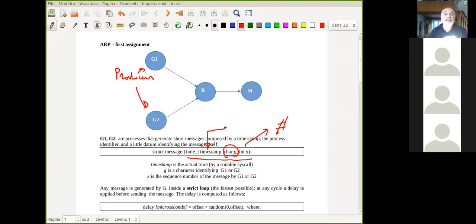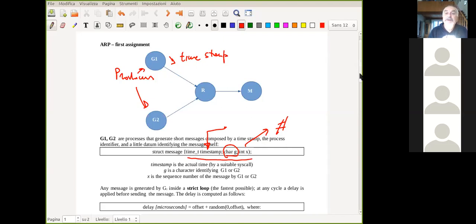The timestamp is exactly the real time in which the message is given to the pipe, to identify the real time in which the message has been sent to R, so that we can compute the delay between the producing time and the receiving time.